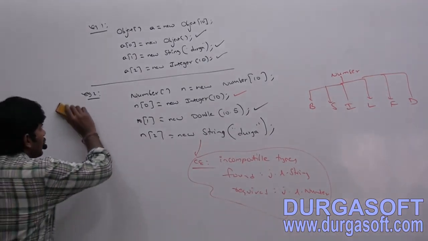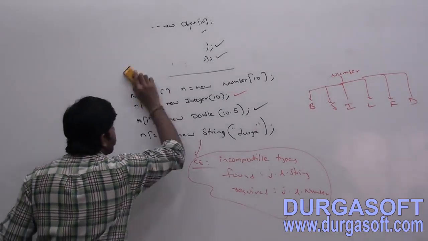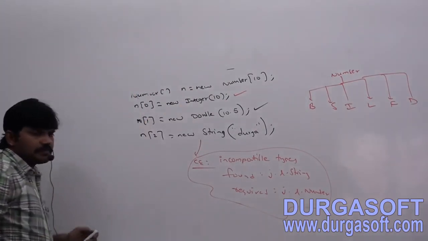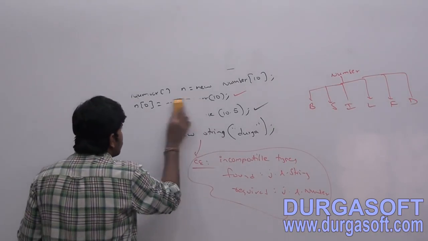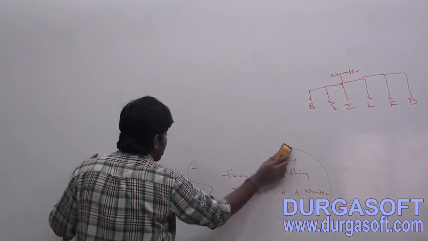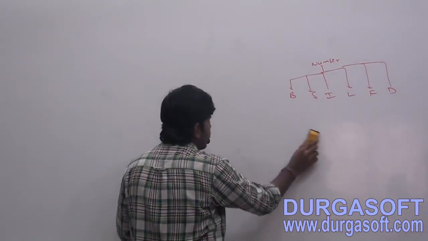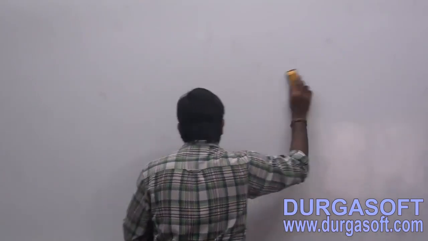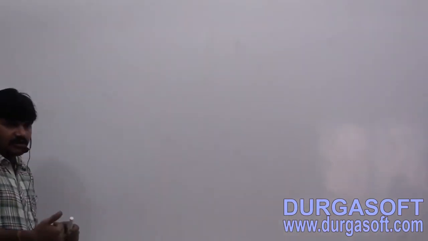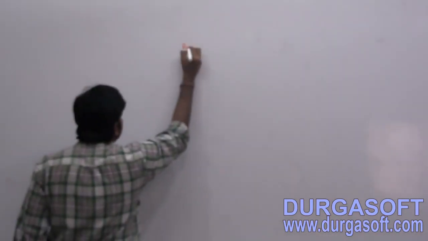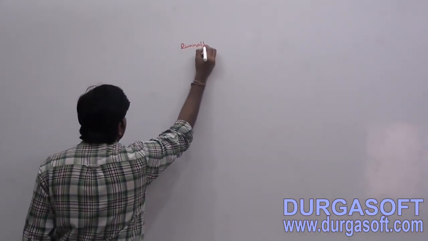Now case 3. If it is an interface type array, just observe. We covered number type, which is a child type. Next, case 3, see this one. Is it valid or invalid?